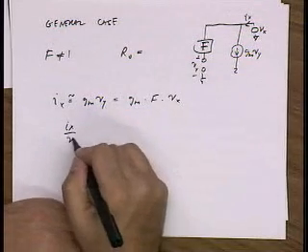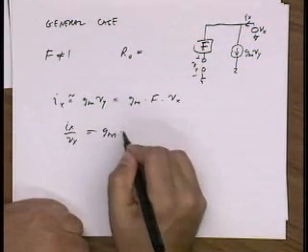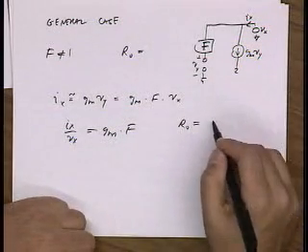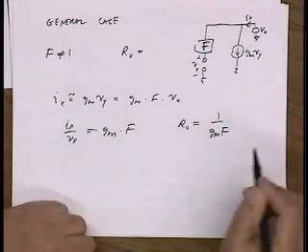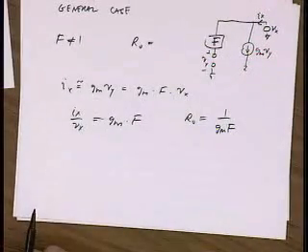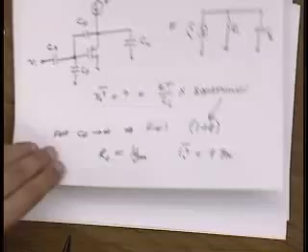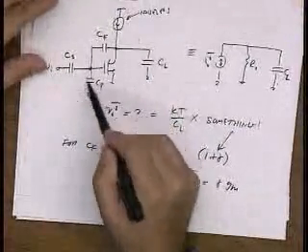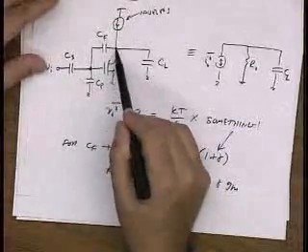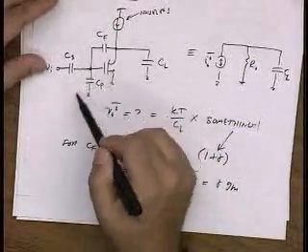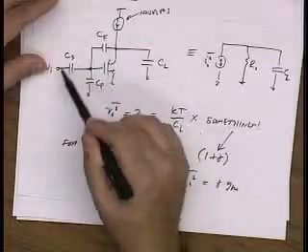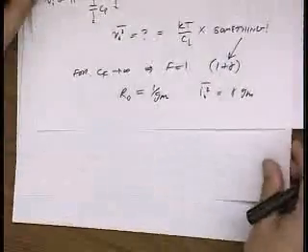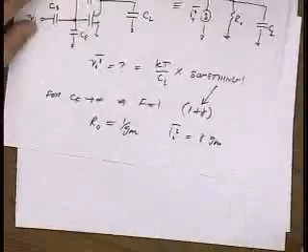And so Ix over Vx is gm F. And so Rout is therefore 1 over gm F. Okay? So what's F? Let's look at the circuit. F is, if these are fairly large capacitors, really just the feedback factor formed by this voltage divider. So the voltage divider, let's see if I can get that in.